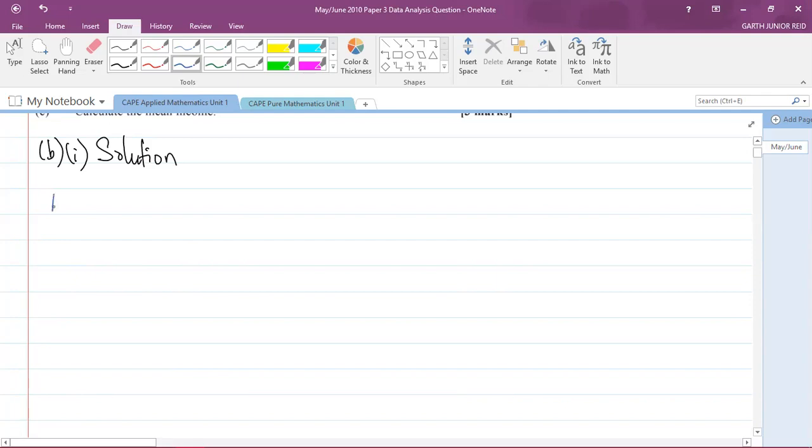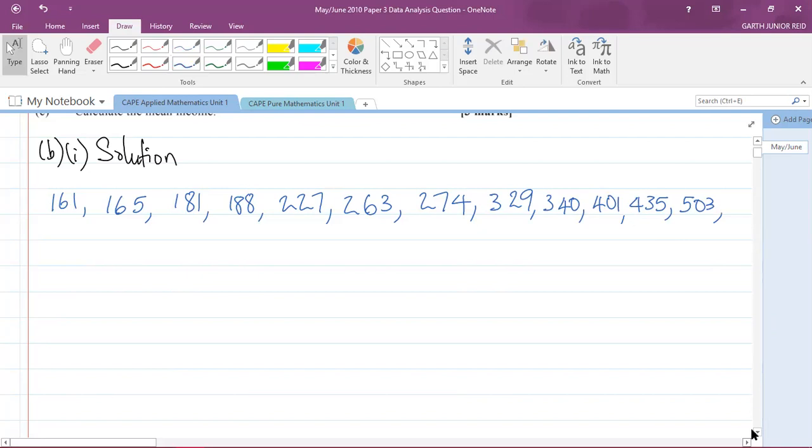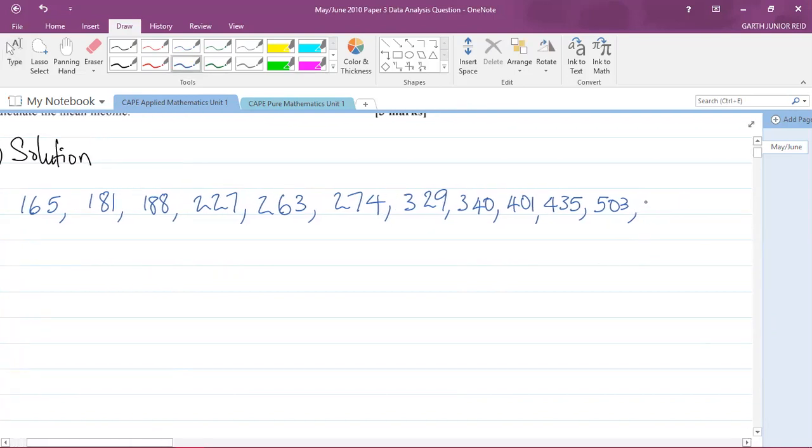We are given 161, 165, 181, 188, 227, 263, 274, then 329, then 340, 401, 435, then 503, then 585, and then we have 764.